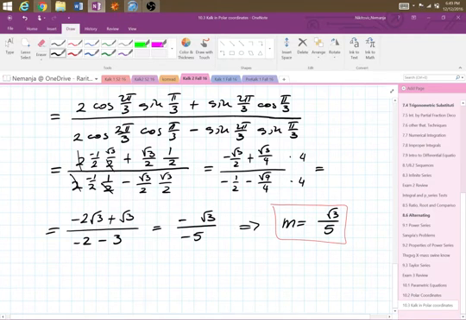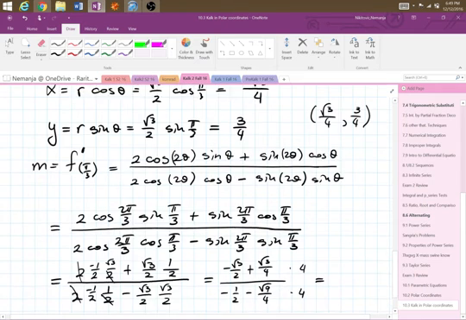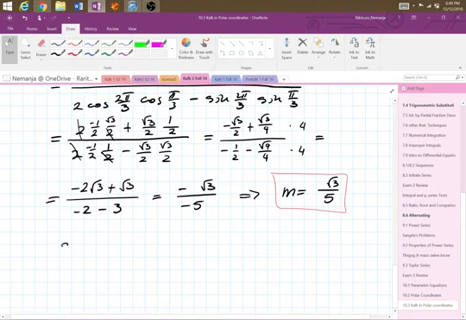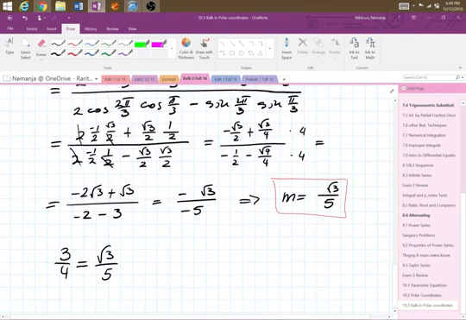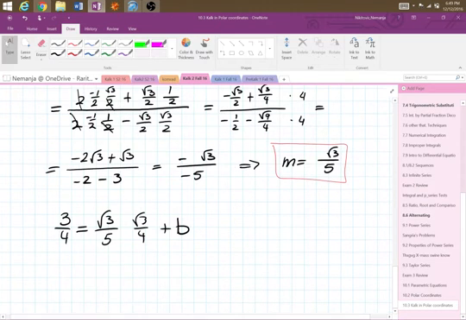All right, so now I have x and y, so 3/4. Wait, that last figure there, the negative square root of 3, shouldn't that be negative? No, it's negative over negative, okay. Square root of 3 over negative.